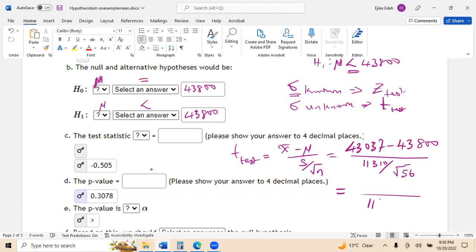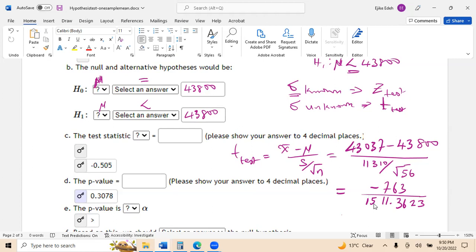Sorry, let me delete that quickly. My answer is 1511, and up to 4 decimal places, 1511.3623. And the numerator is 43,037 minus 43,800, which gives negative 763.